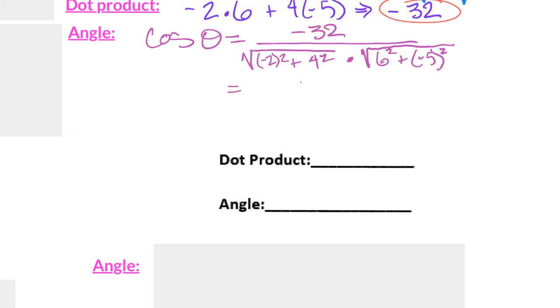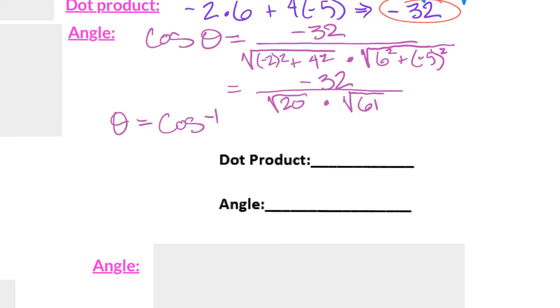Okay, let's crunch some numbers here. So we have negative 32 divided by the square root of 20, that's 4 plus 16, times the square root of 61, that's 36 and 25. So we're going to do cosine inverse.